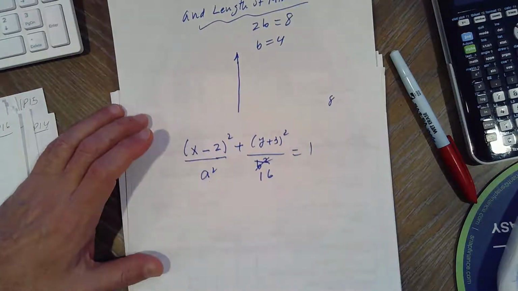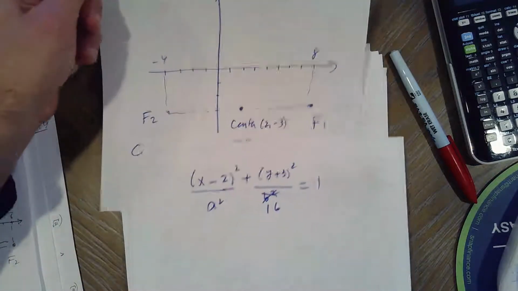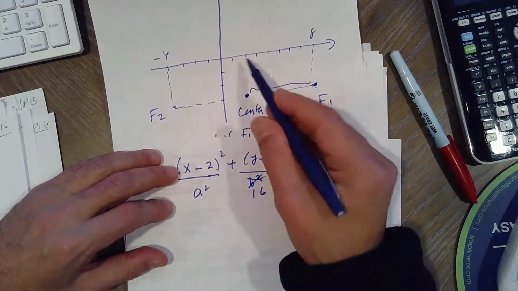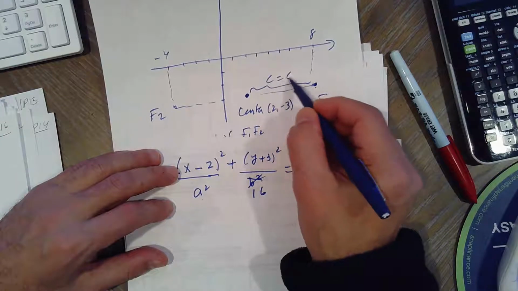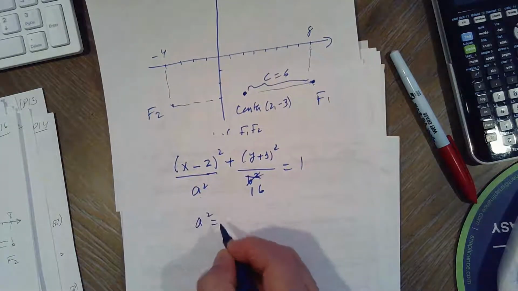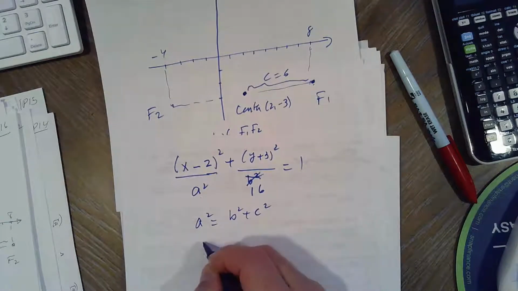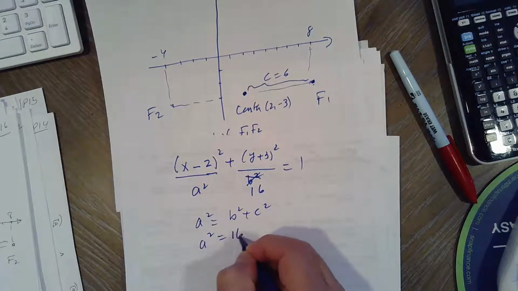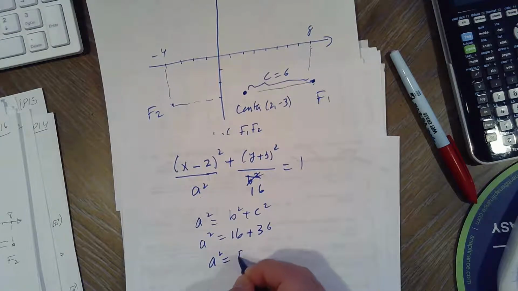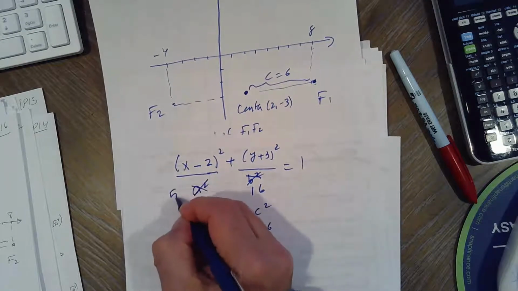We still need a squared. To get that, we need c. C is the distance from the center to the focus. So how much is that from 2 to 8? It looks like 6 units, right? So a squared equals b squared plus c squared. B squared is 16 and c squared is 36, so a squared is 52, and there's the equation.